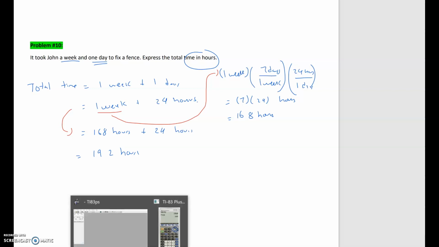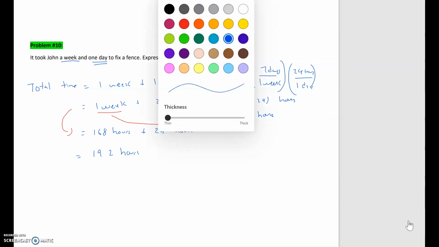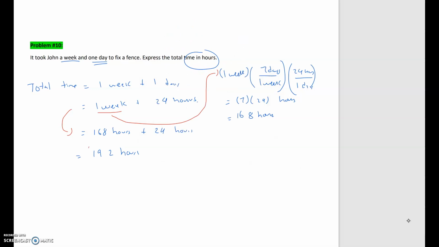Wait, no, hold on. So 168 plus the values of 24. Actually, no, we're good. Sorry, guys, I have to do a vertical form. Otherwise, it's kind of hard to do it in my head. I should have written it down. But no, we're good. The total will be 192 hours.